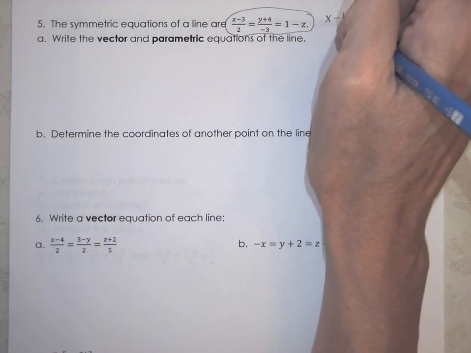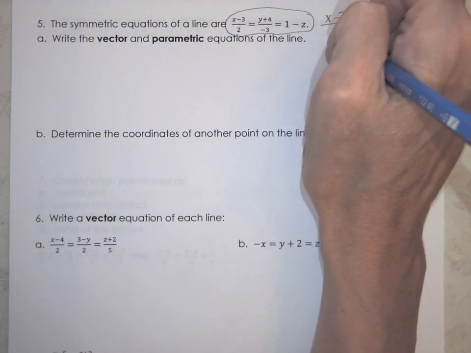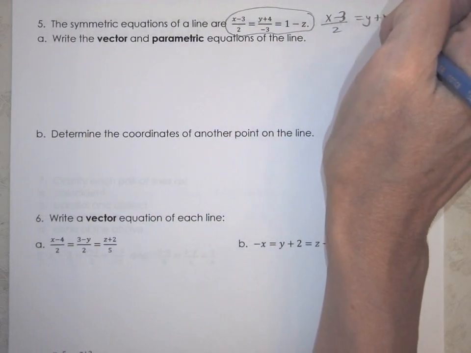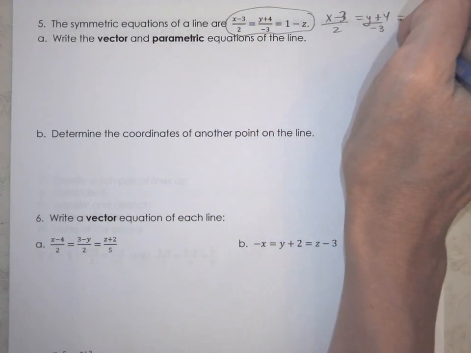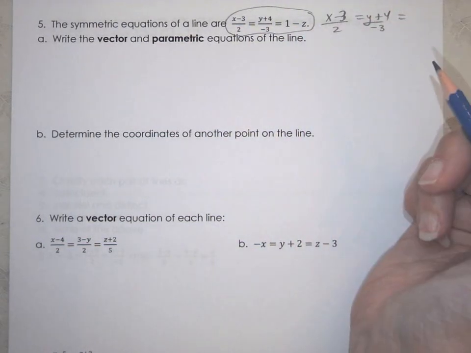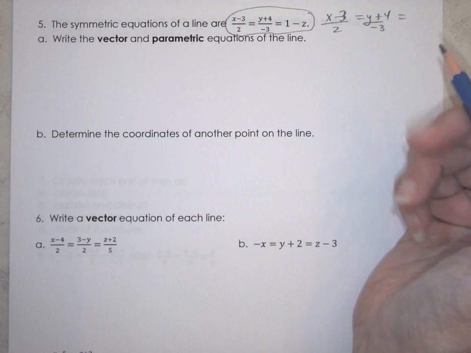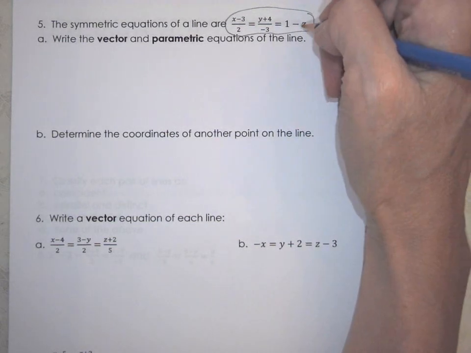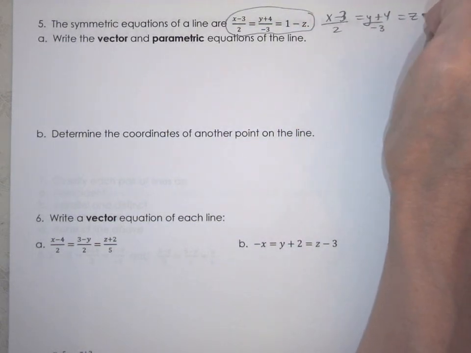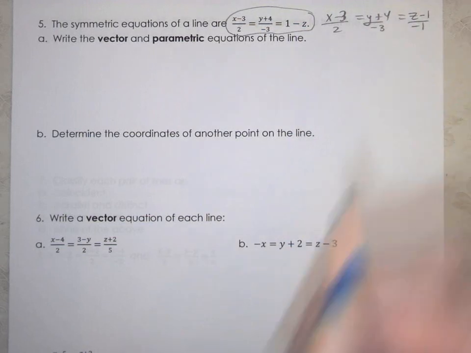So the x is fine, the y is fine, but here we've got 1 minus z instead of z first. Okay, so what we do then, if we want to rewrite this with z first, it would be z minus 1 over -1.